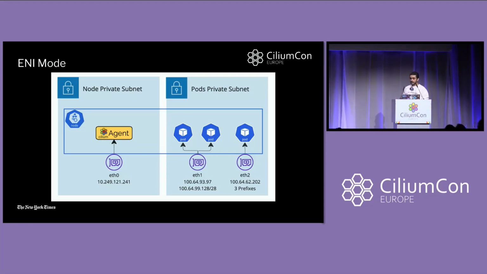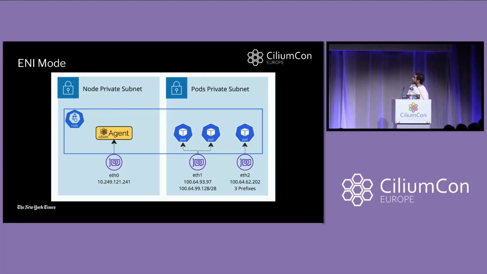Because we are running a multi-account architecture, if we kept using the 10. space, we would run out of IPs quickly. So we started to provision other subnets with 100. space that allow us to have more pods. And because we are in a shared environment, we need to ensure that we can scale.